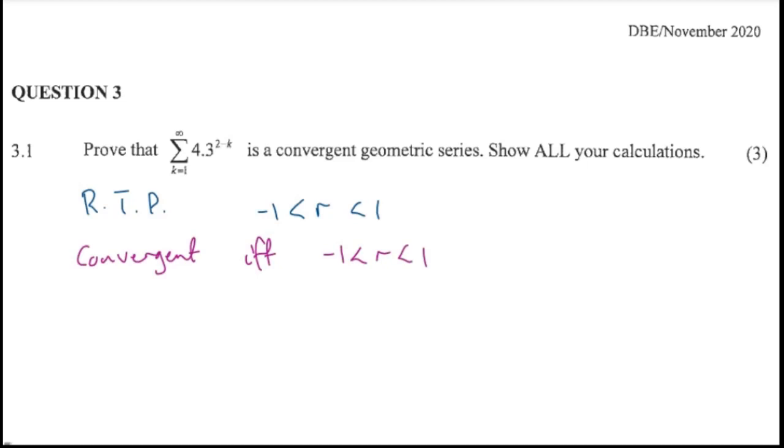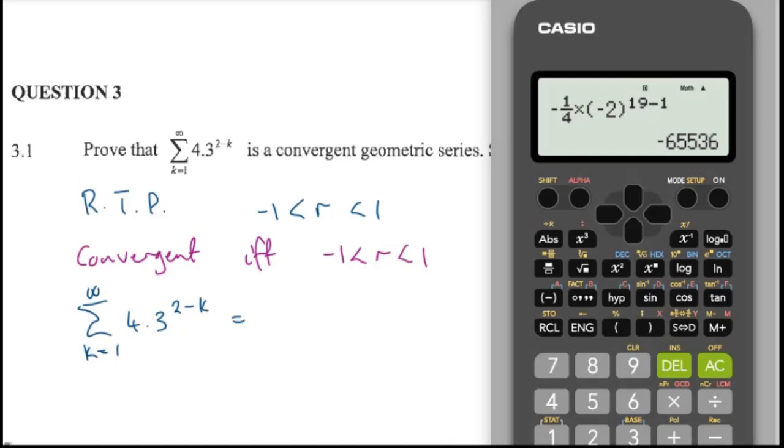Now let's quickly expand the series and find the common ratio. For that we can just take out our calculator and expand it. From k equal to 1 up to infinity of 4 by 3 to the power of 2 minus k. So let's find the first term.